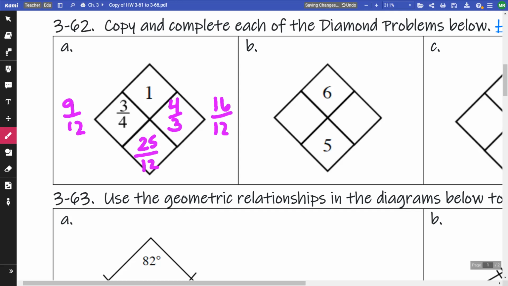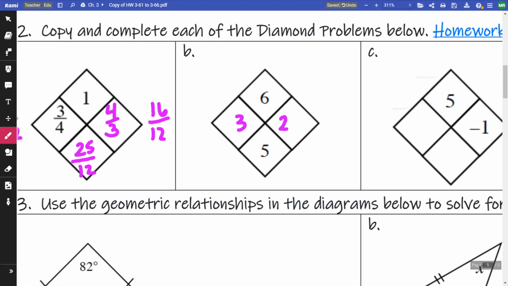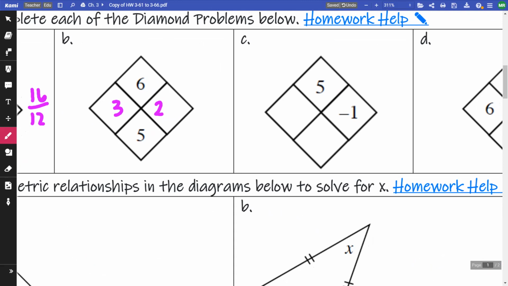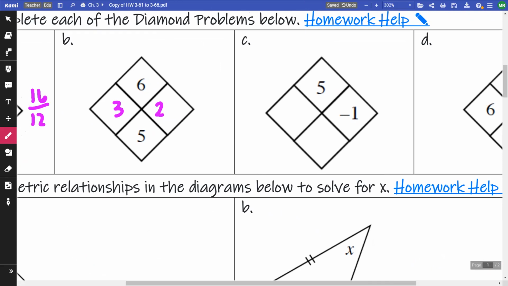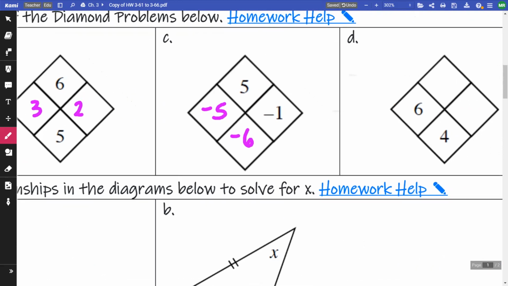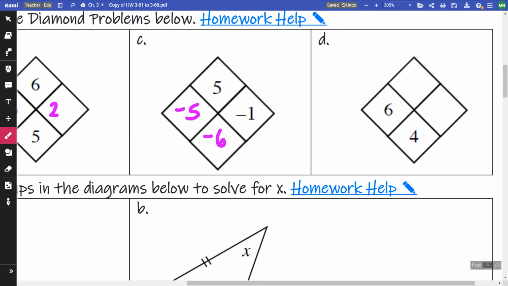On B, multiplies to 6, adds to 5, 3 and 2. C multiplies to 5, so -1 times a -5. Those are going to add to a -6. On D, 6 minus 2 gets us a 4. 6 times a -2 is a -12.